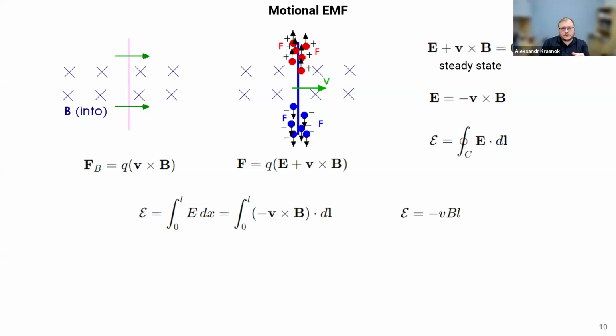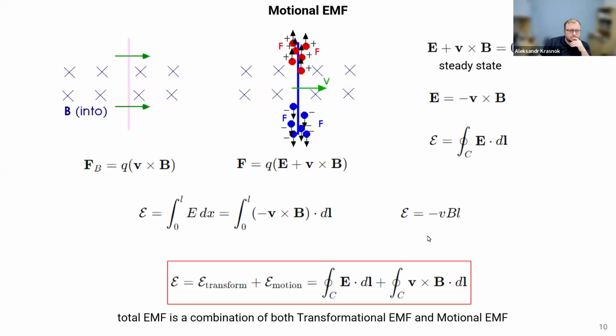And the length, of course, you can increase the length of the wire by just making a lot of windings, right? So potentially you can increase this electromotive force by a very large factor.